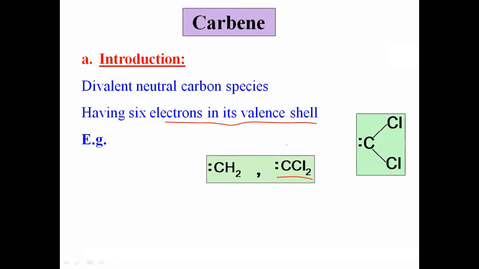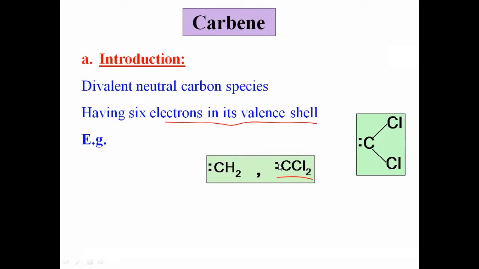Now let us see some more discussion. Is it an electron deficient or electron rich species? Actually, there is a lone pair of electrons on the carbon. Even though there is a lone pair of electrons, it is not an electron rich species.